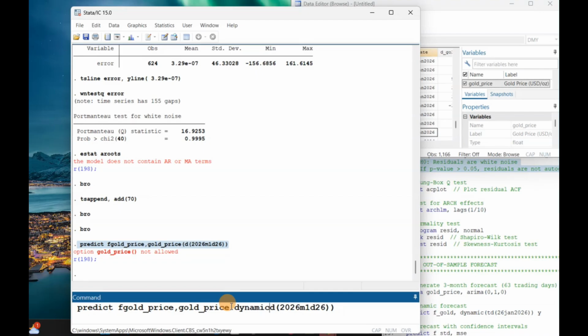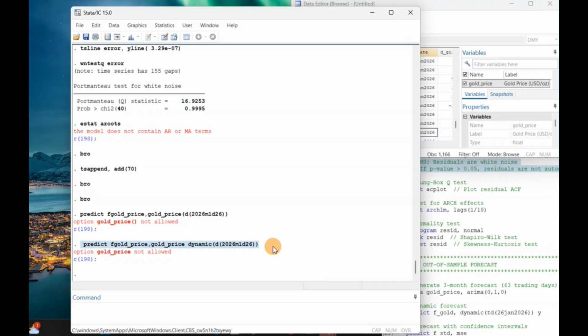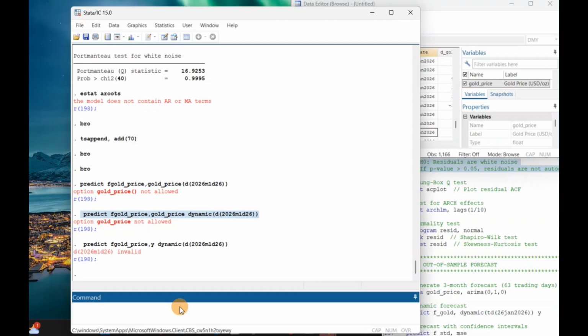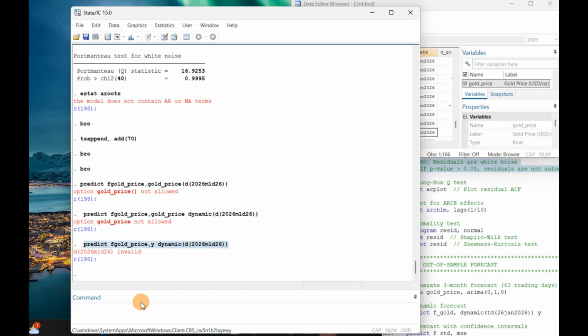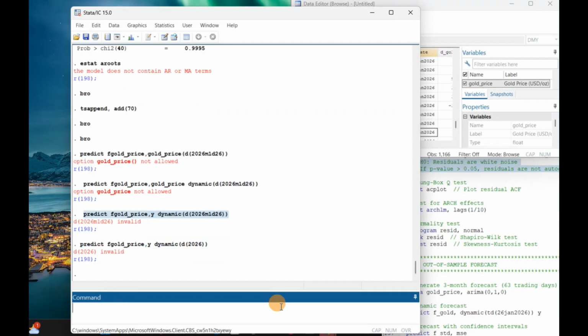Let us use the code. Predict F, a new variable, right? F gold dynamic TD 26, the last day, right? 26 January 2026, and then brackets Y. So can we hit enter and then let us browse?